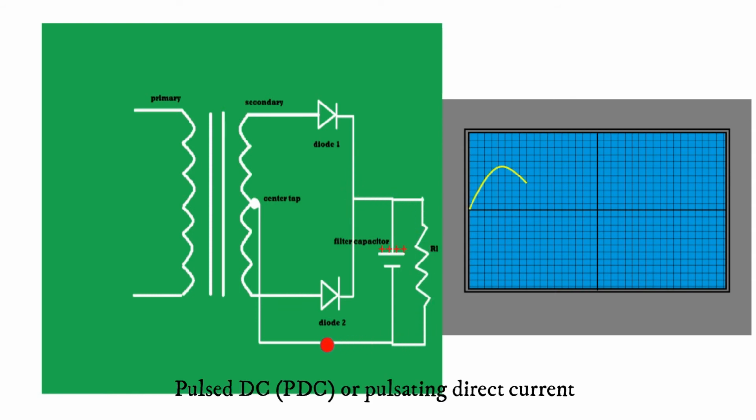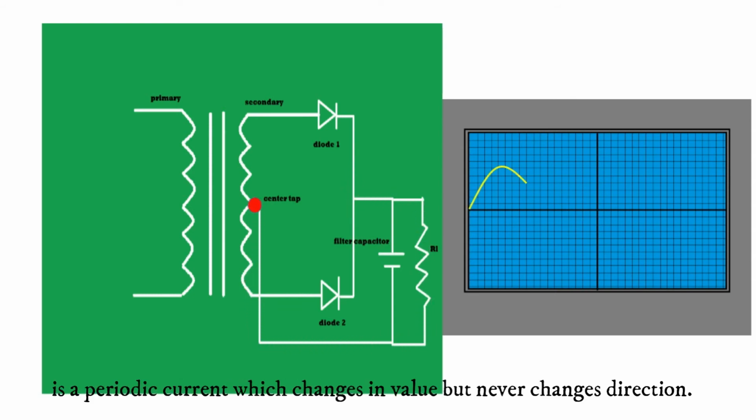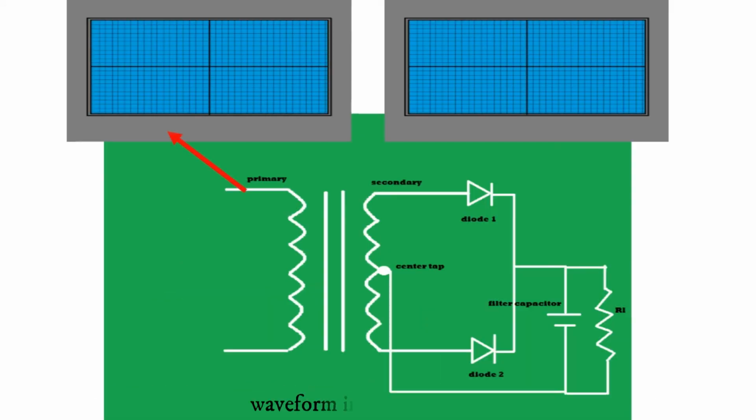Pulsating direct current is a periodic current which changes in value but never changes in direction. Waveform in different stages.